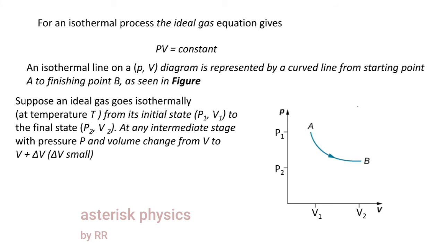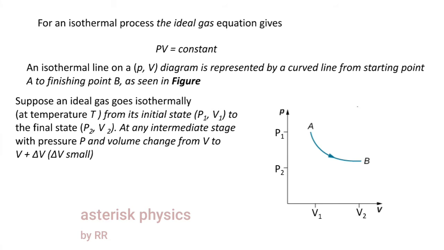Suppose an ideal gas goes isothermally, that is, at a temperature T, from its initial state P1 V1 to the final state P2 V2. Say at any intermediate stage, with pressure P, the volume changes from V to V plus delta V, where delta V is very small.